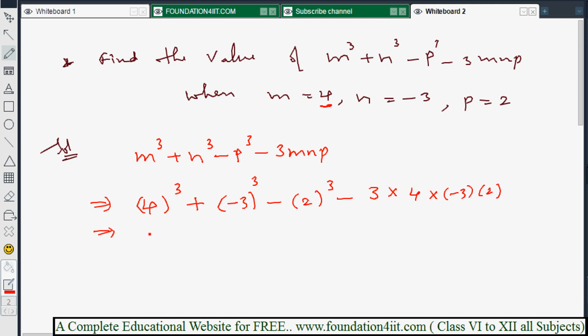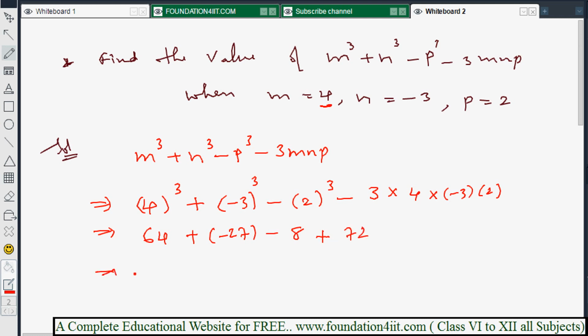So we need to simplify this to get the value. 4 cube is 64, plus minus 3 cube is minus 27, minus 2 cube is 8, and here minus into minus is plus, and 3 4s are 12, 12 3s are 36, 2s are 72.